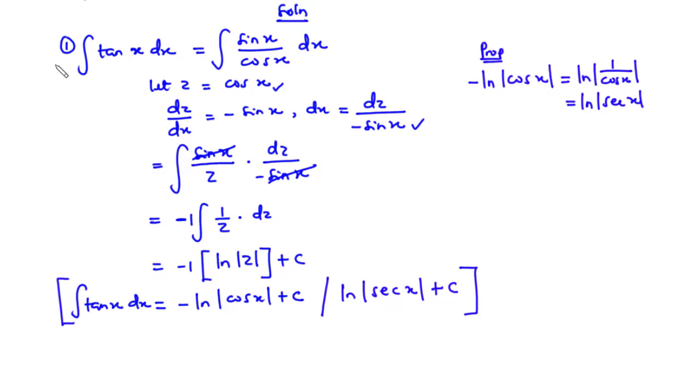So for example, if you want to find the integral of the function 4 tan 10x dx, so basically you pull out 4, you have the integral of tan 10x dx, that is basically equal to, you have 4 times, first of all, let's try to differentiate 10x, and that gives 10.